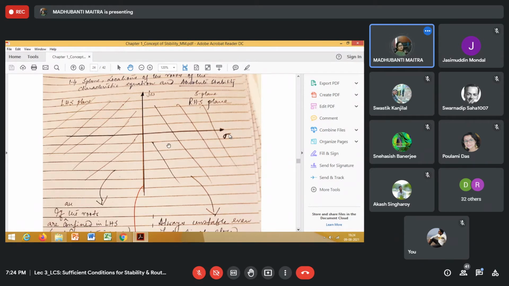For an nth order system, if n minus one number of poles, and poles in this context always means closed loop poles or roots of the characteristic equation, are lying in the left half of the S-plane, and no poles are there on the imaginary axis.